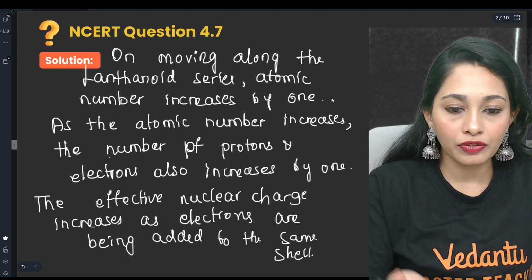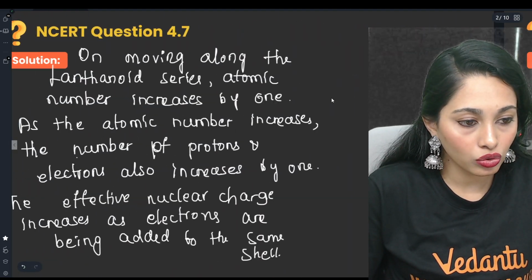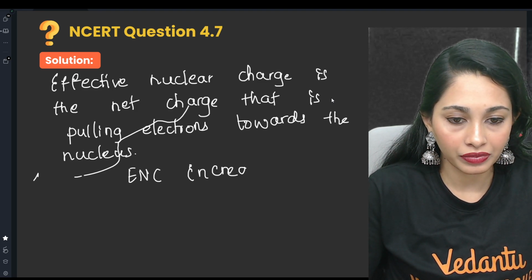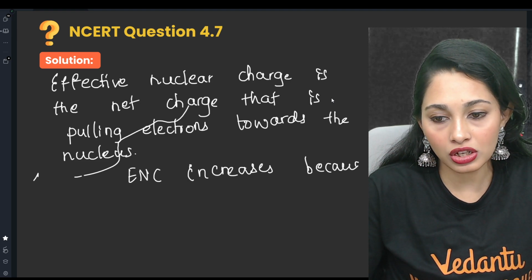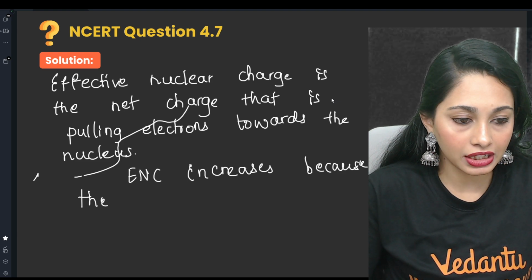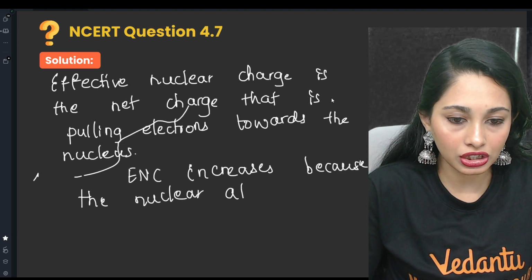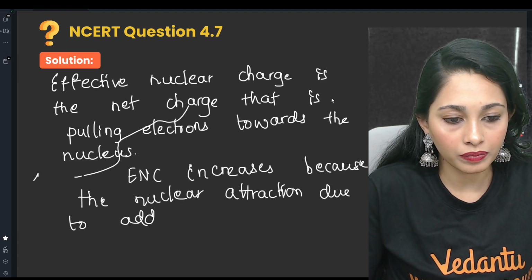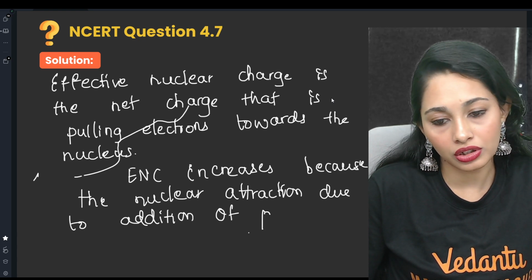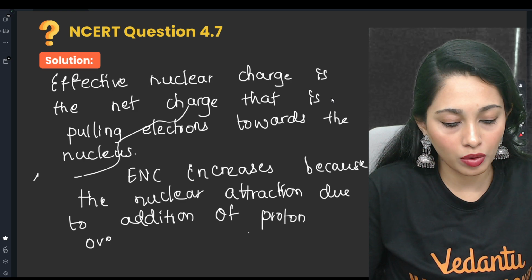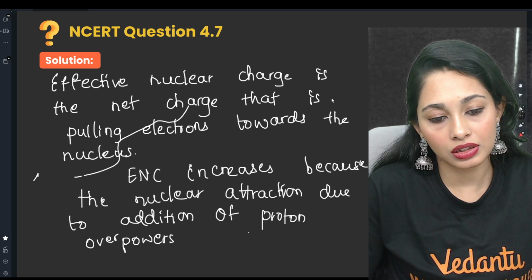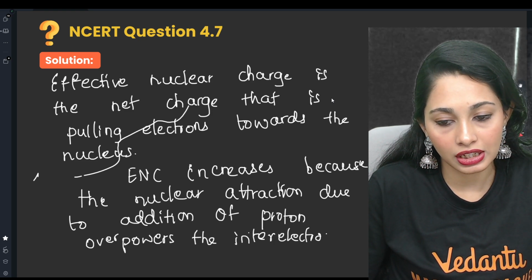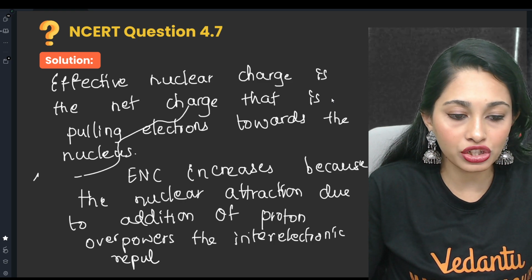So here the effective nuclear charge increases because the nuclear attraction due to addition of protons overpowers the interelectronic repulsion due to addition of electrons.